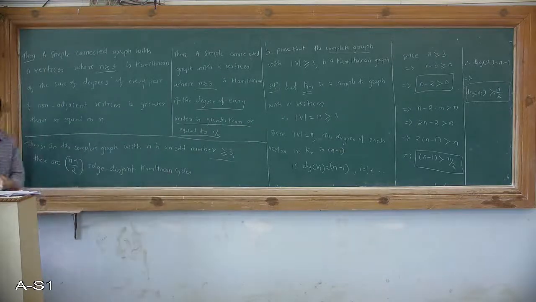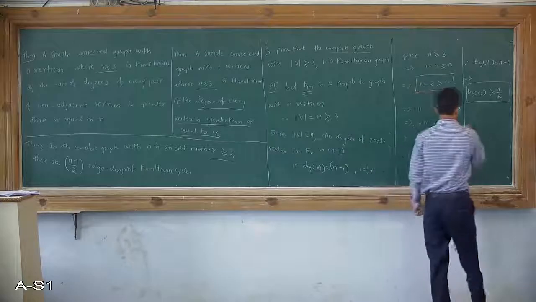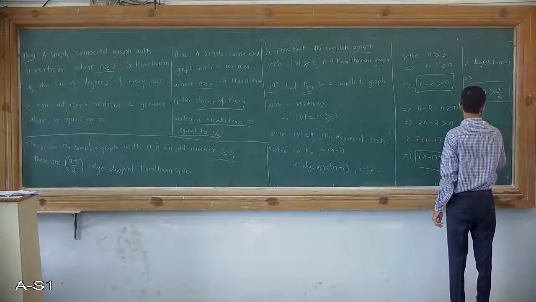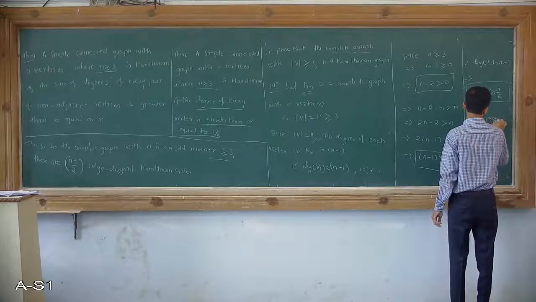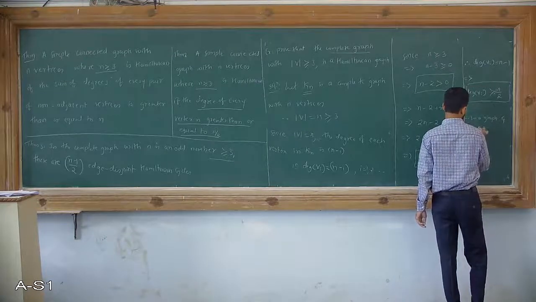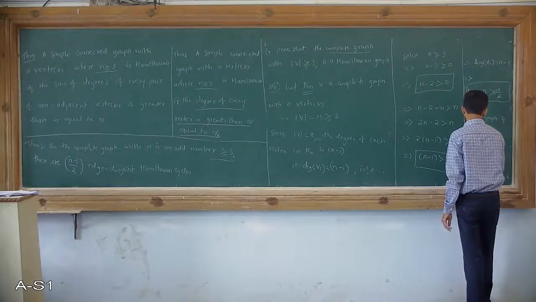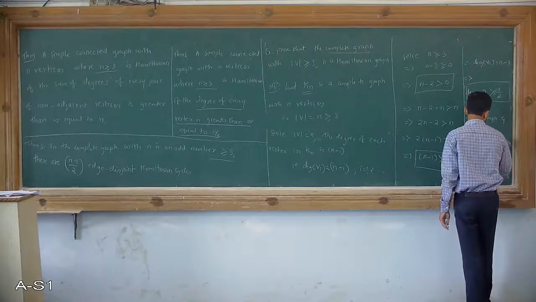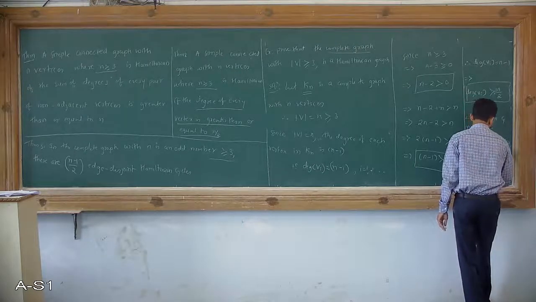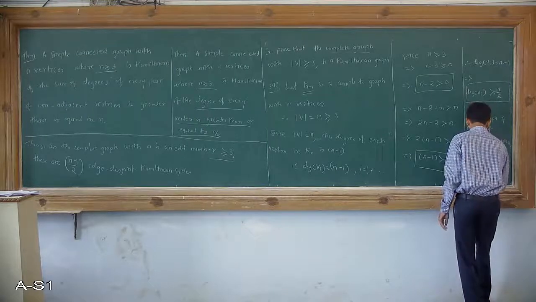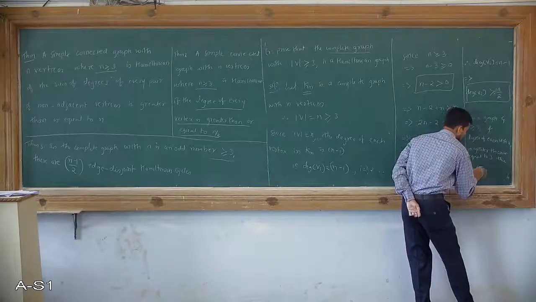So in a graph G, if the number of vertices is greater than or equal to 3 and the degree of each vertex is greater than or equal to n by 2, then G is Hamiltonian.